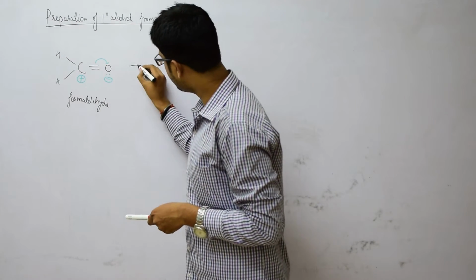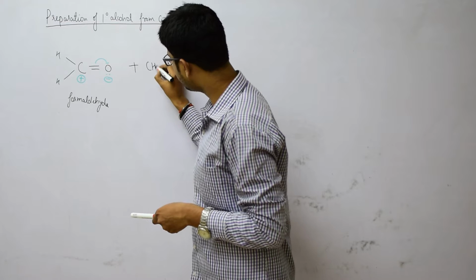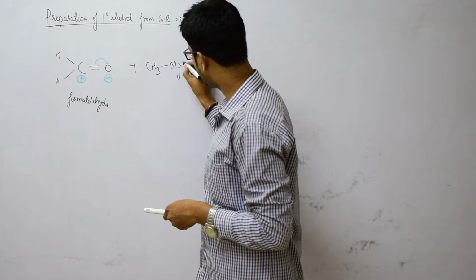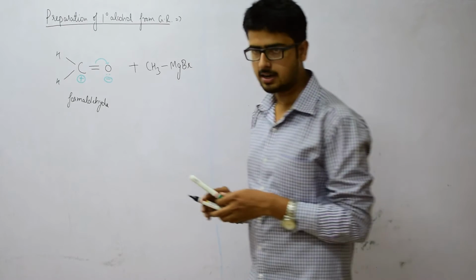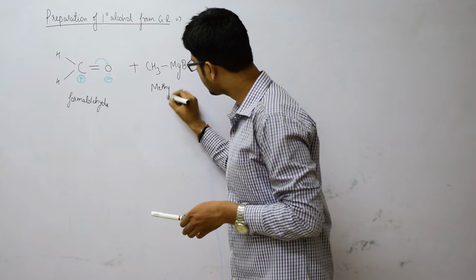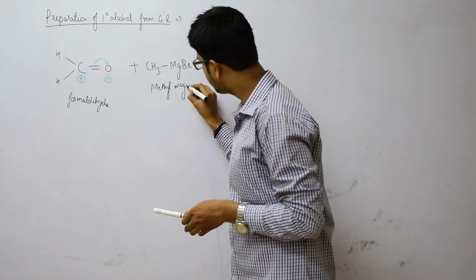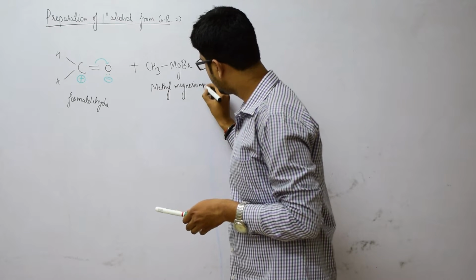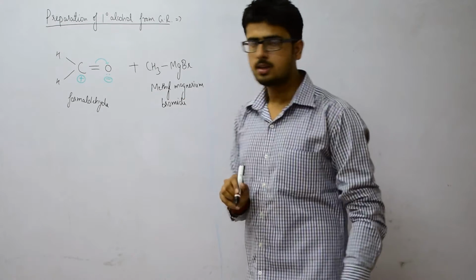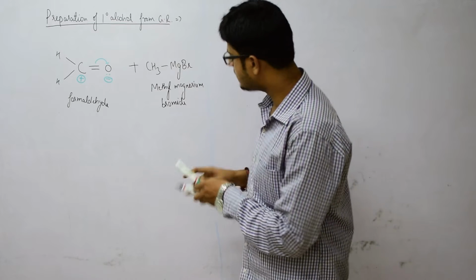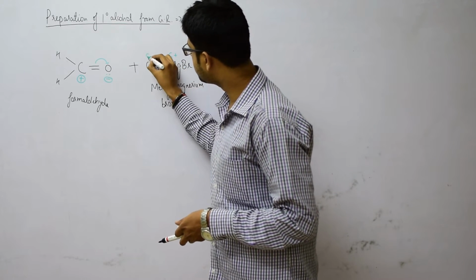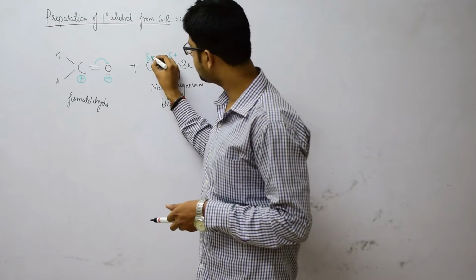So when we treat it with Grignard reagent, that is CH3MgBr, methyl magnesium bromide, this MgBr has a slight positive charge and this methyl group has a slight negative charge.